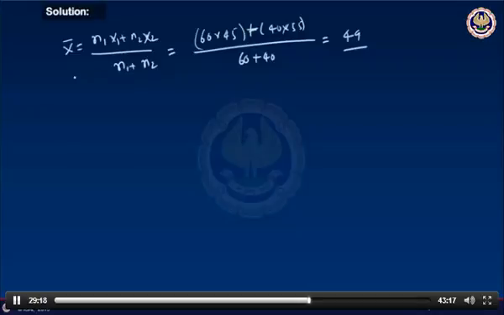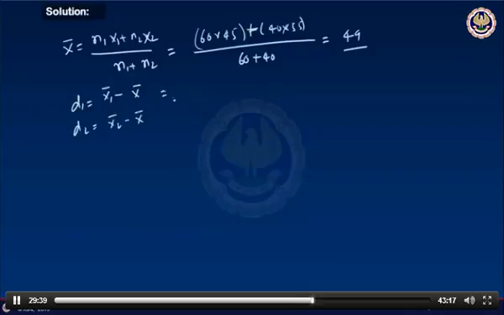Now we have to find the combined standard deviation also. Before that, we need the values of D1 and D2. D1 equals X1 bar minus X bar and D2 equals X2 bar minus combined X bar.